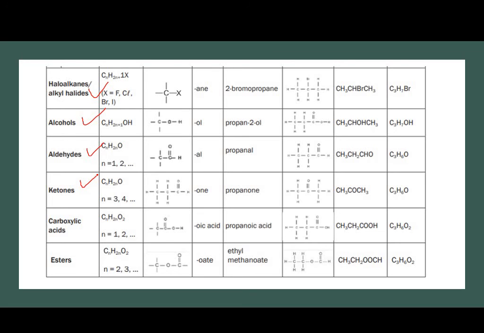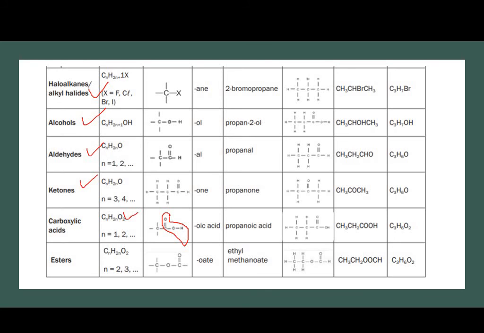So right now we are going to look at some carboxylic acids. These are acids, right? So they have the general formula of CnH2nO2. Their carbon atoms start from 1, 2, and so on. So this is their functional group.